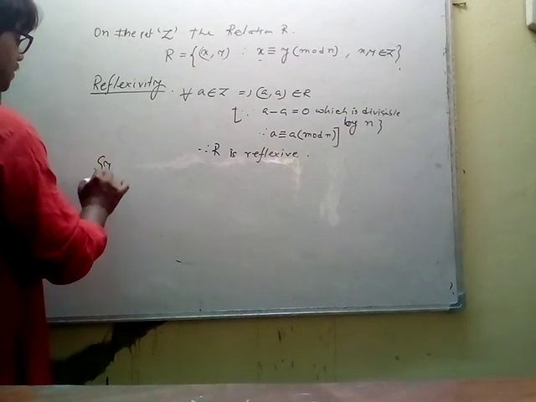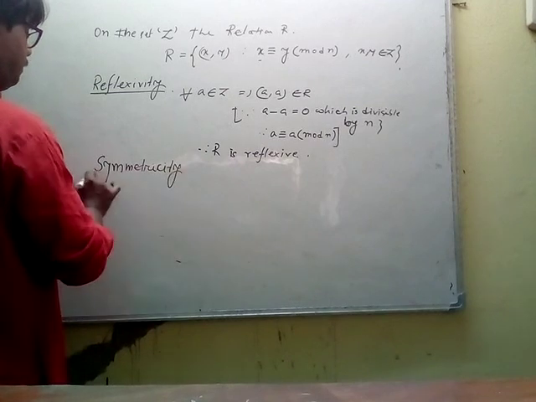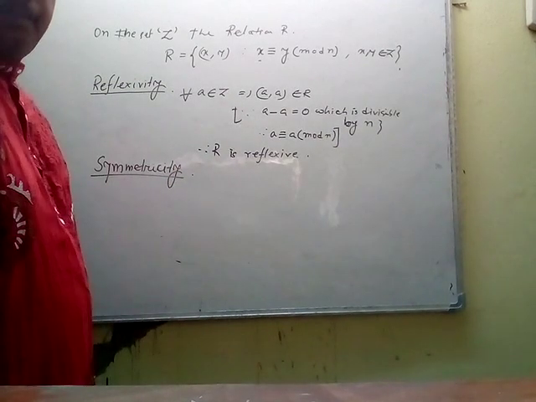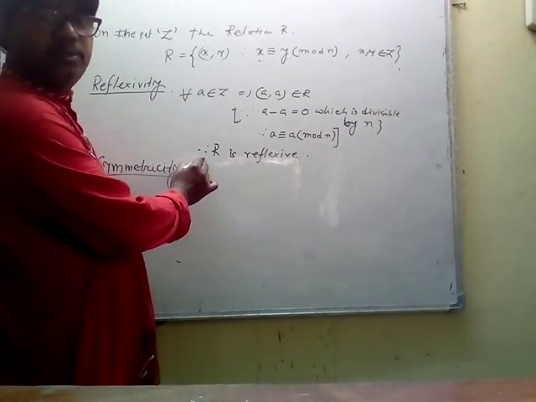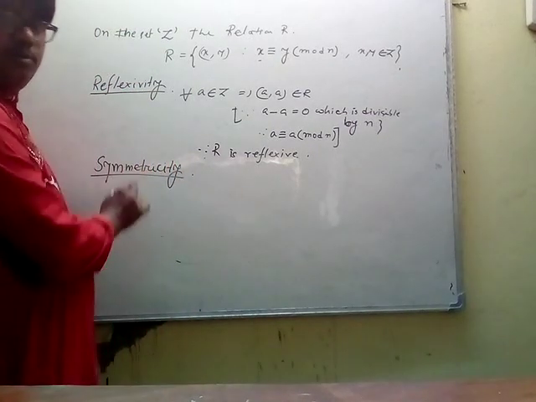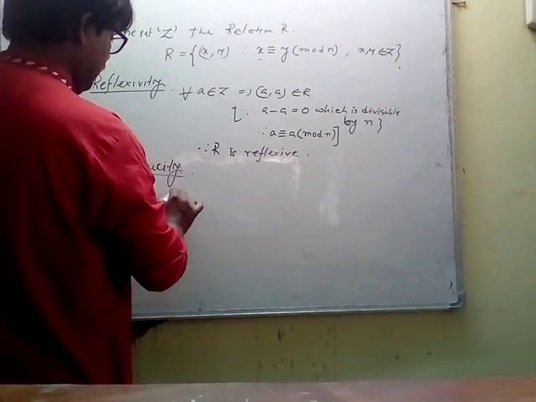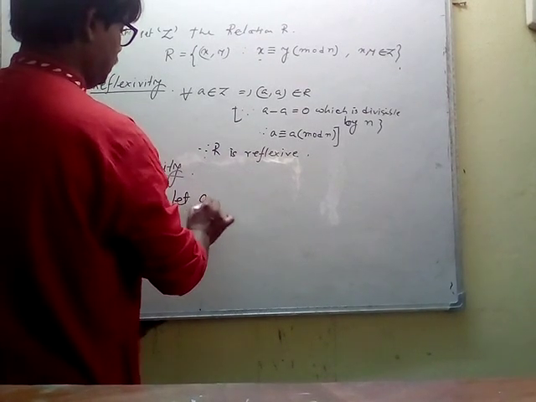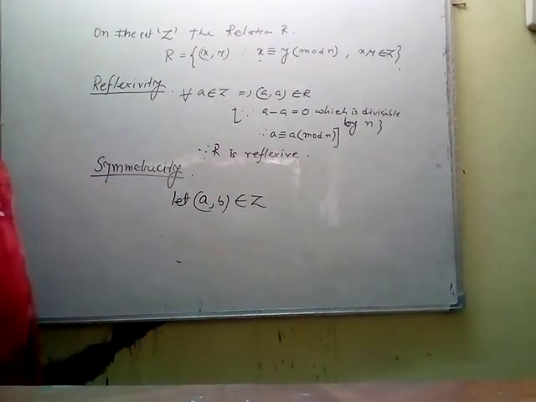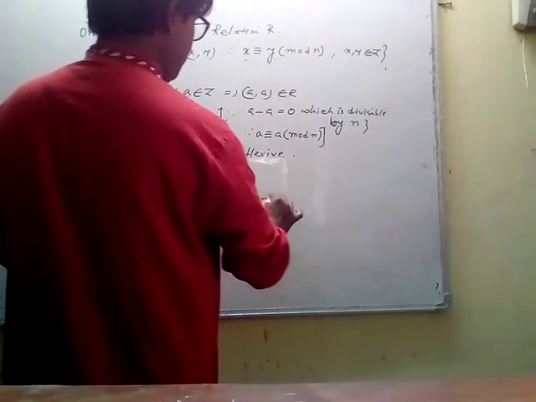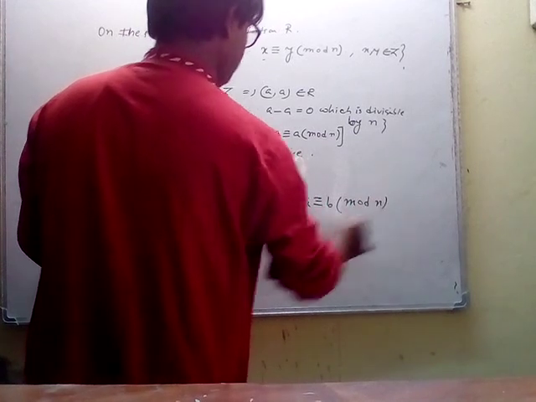Now, symmetricity. Let a, b belong to Z. This implies a is congruent to b modulo n.